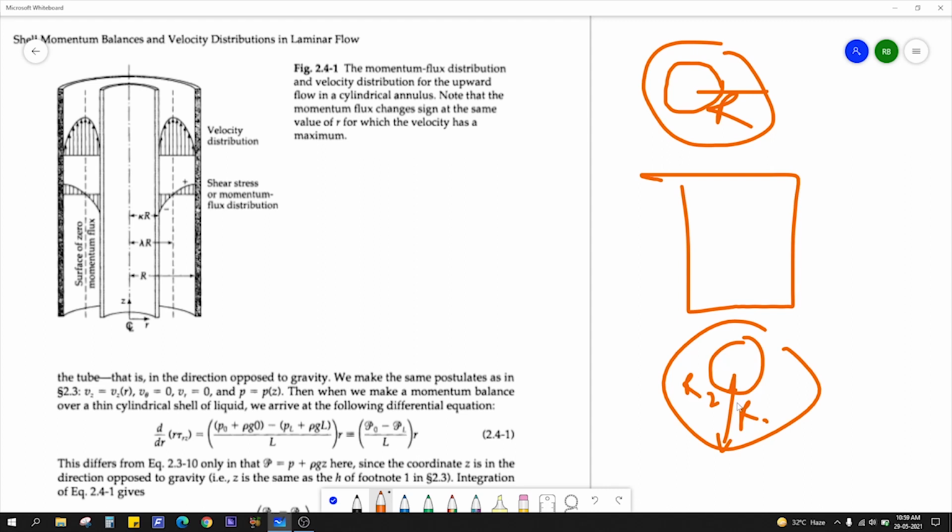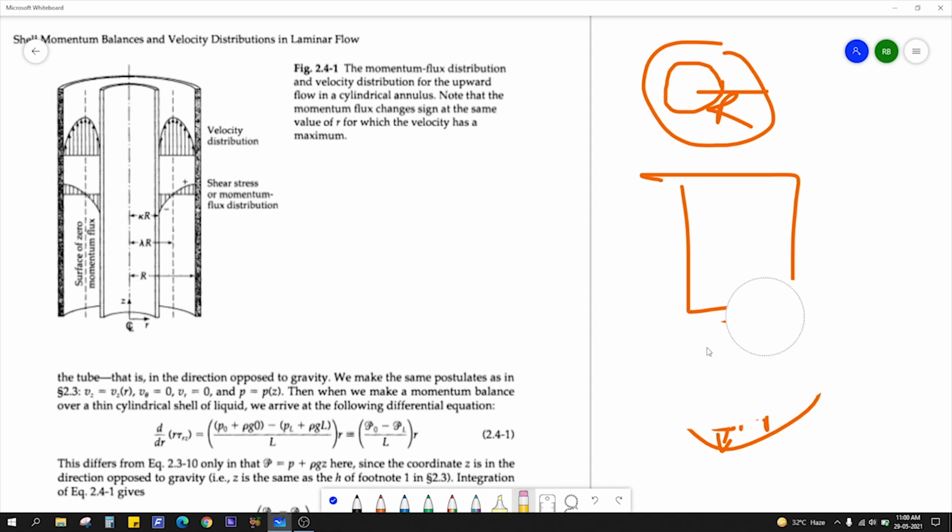But if you express R2 in terms of R1, then it will be much easier. You are just removing one more variable. I want to keep things simple, so you just reduce one variable.